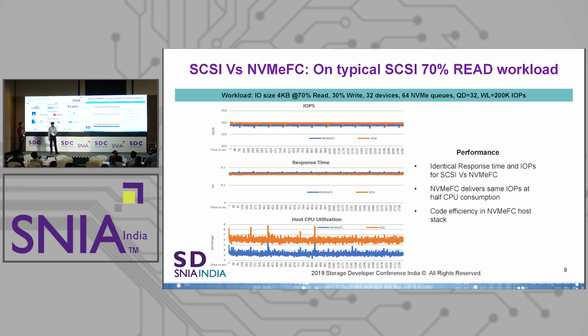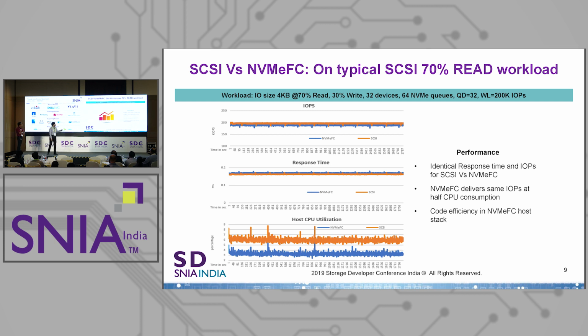There is a 50% drop in host CPU utilization with NVMe. This is the major difference, and it comes from the efficient NVMe-FC stack. The code in NVMe-FC is much less compared to the SCSI code on the host side, or the Linux side.